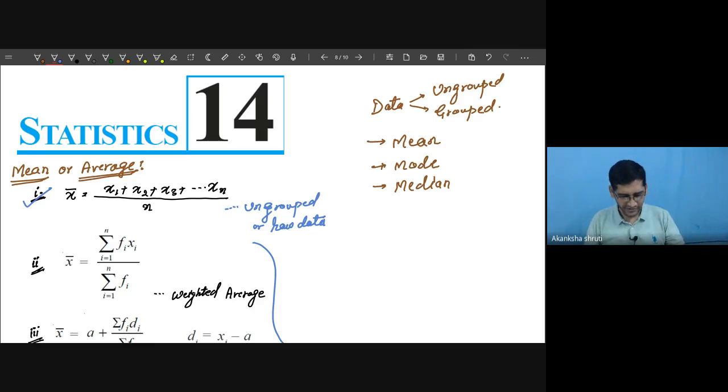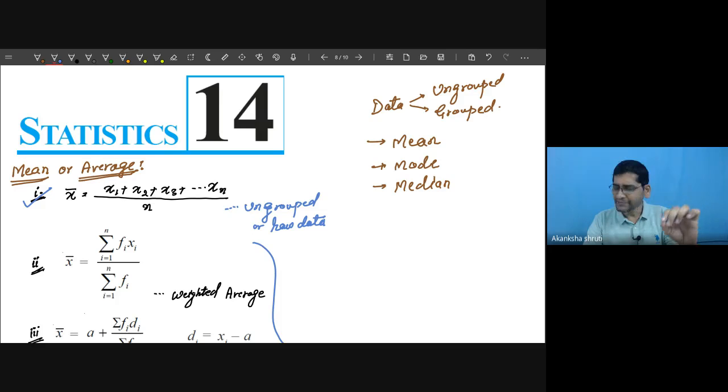observations. That's all. But if the data is grouped, means if the data is given in intervals, at that time, rather than individual data, how many numbers are falling in that particular interval is given to us. Means the frequency is given for each interval. So in this case, first we have to find the representative of that class interval. The representative of that class interval is our class mark.